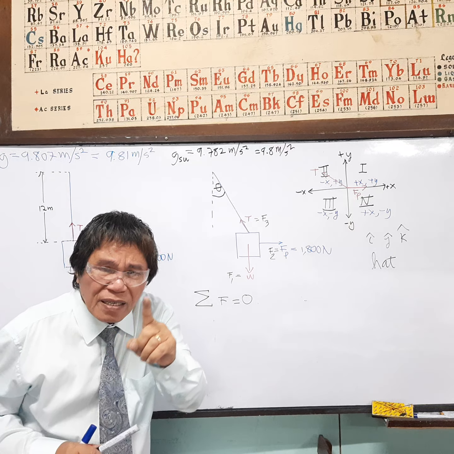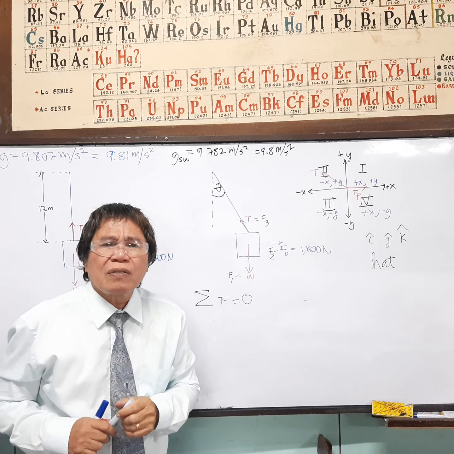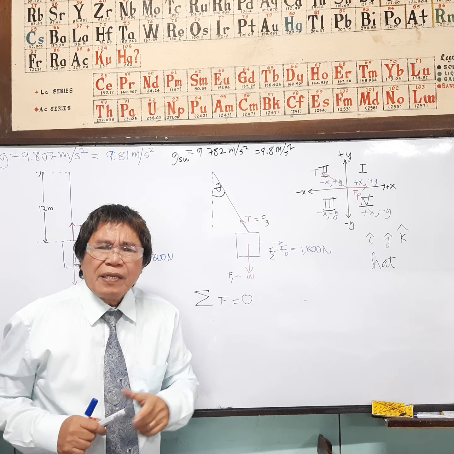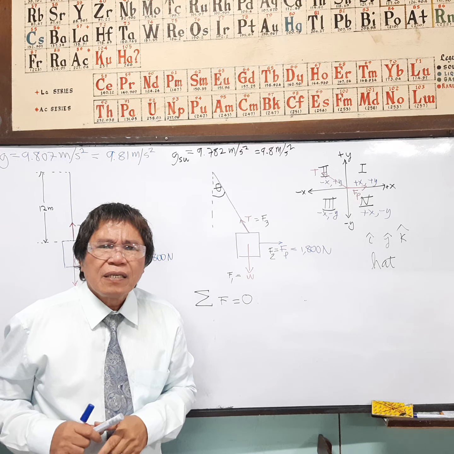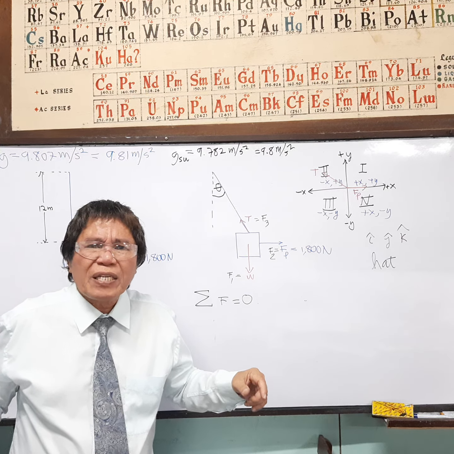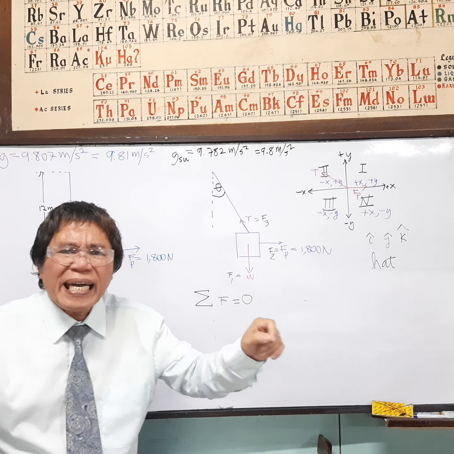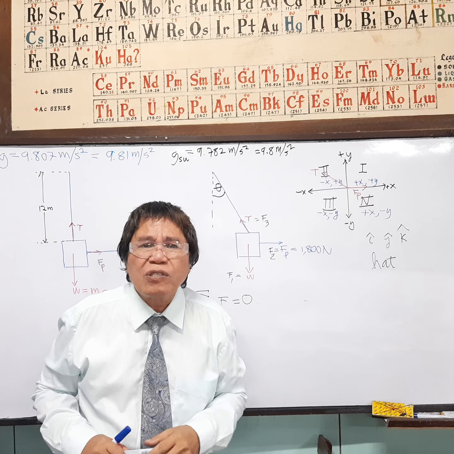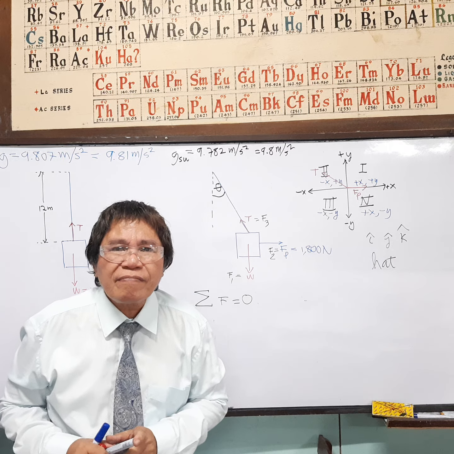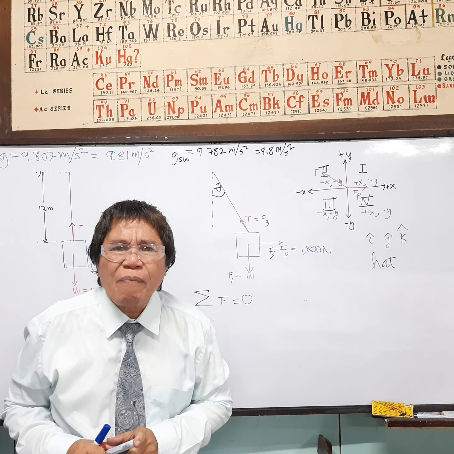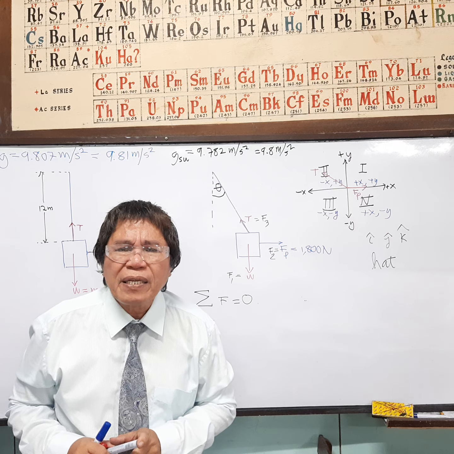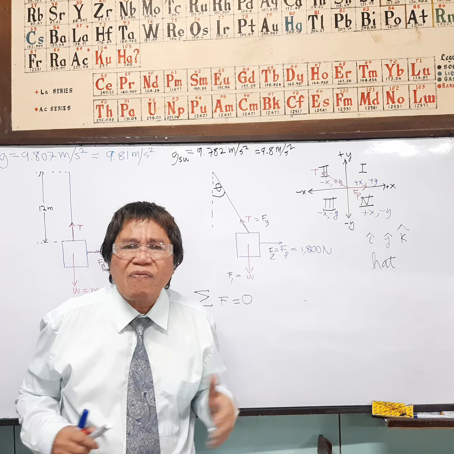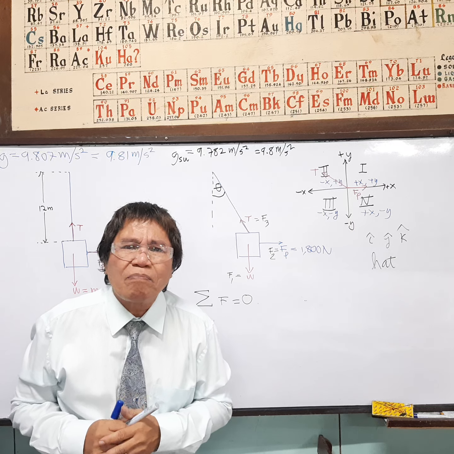Remember that. In any equilibrium condition, in the case of forces, summation of forces equals 0. Or, technically, we say the vector sum of all forces acting on the body equals 0, because forces are vectors.